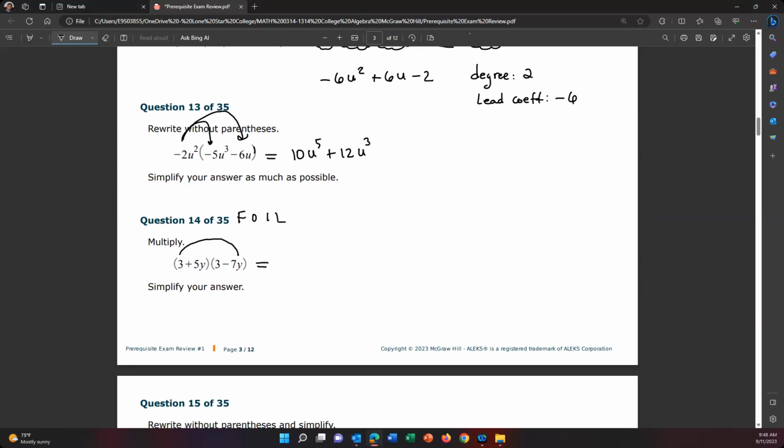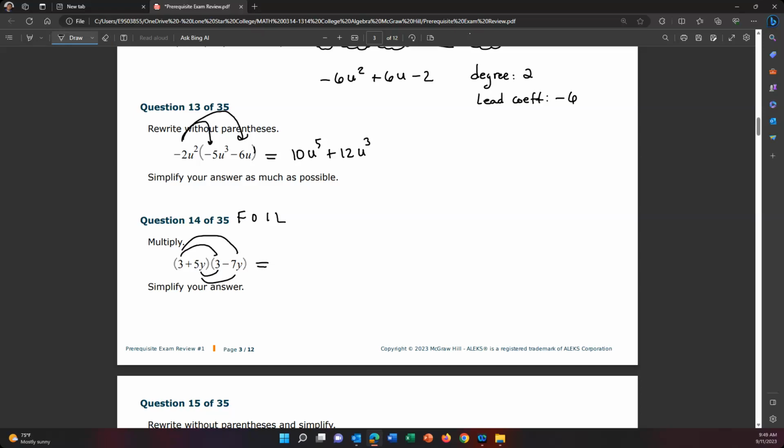Oh wait, I'm doing this wrong. They're referred to as the first terms, the outer terms, the inner terms, and then the last terms. That's what FOIL is all about. Or we can think about this as being double distribution.